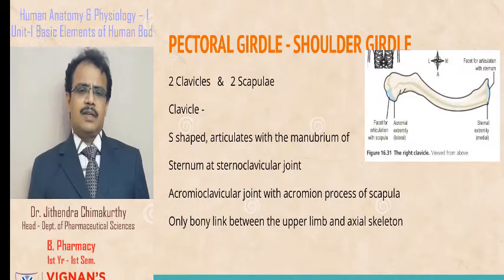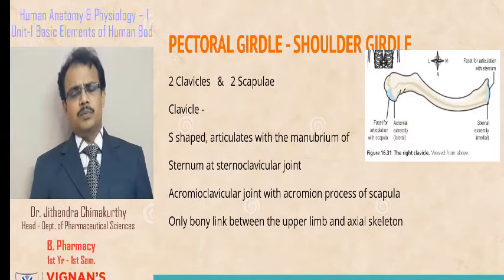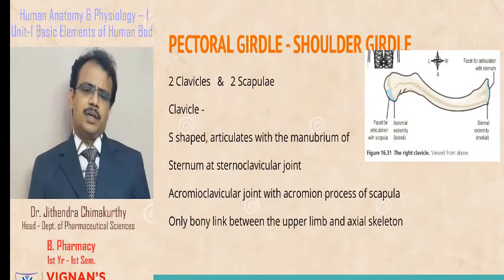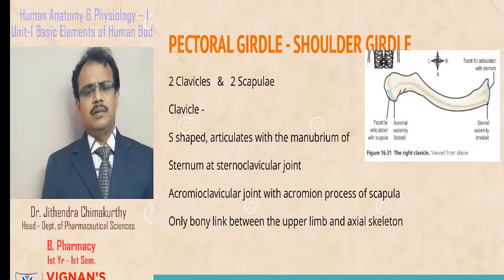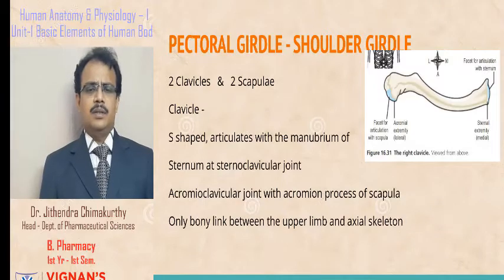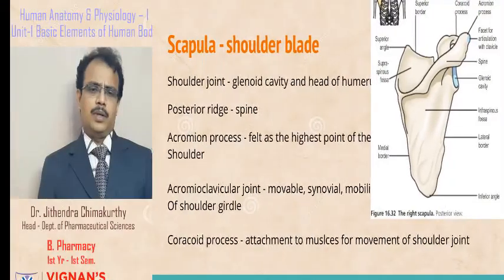And this clavicle is the only bony link between the axial skeleton and appendicular skeleton because it gives attachment with the sternum and scapula.